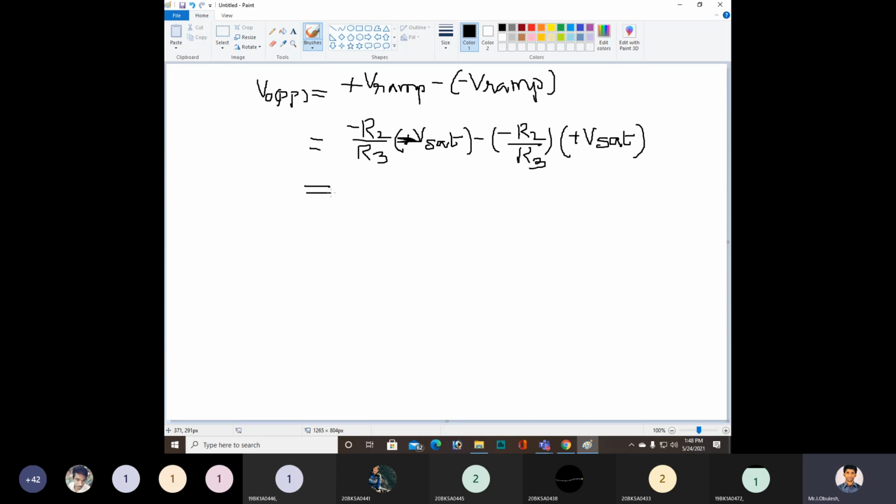Then that equals to, see, this minus will go to positive, right? Minus into minus is plus. Then what will happen? Here we are getting R2 by R3 into VSAT. This is also going to be plus R2 by R3 VSAT.